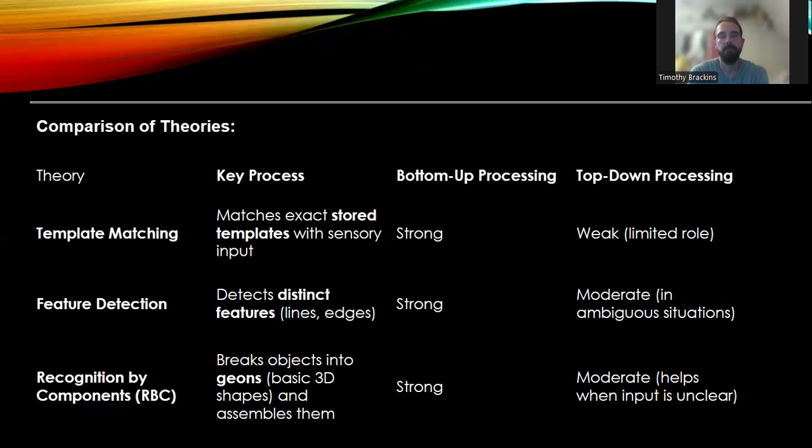We have a good grasp on bottom-up versus top-down processing and how both of those work in conjunction to allow us to identify objects in the environment and navigate our world. And we've talked about 3 of the main theories for pattern recognition. So we have a good grasp now on pattern recognition, what it is, how it works, what are the different theories.